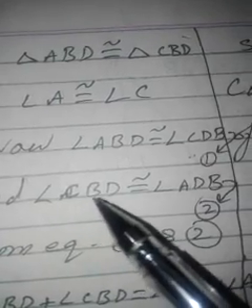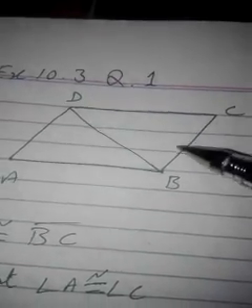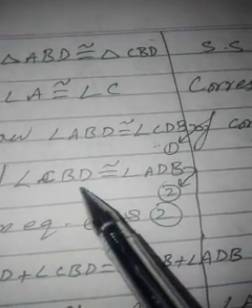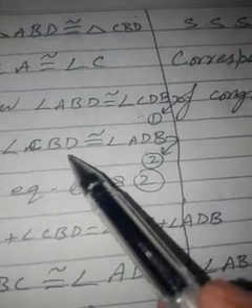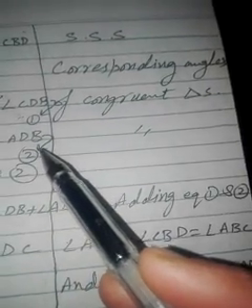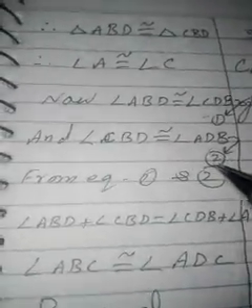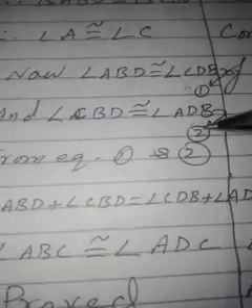And now, angle CBD is congruent to angle ADB. This I have written here. This is equation 2. Reason: the same, corresponding angles of congruent triangles. Now some mathematical steps.